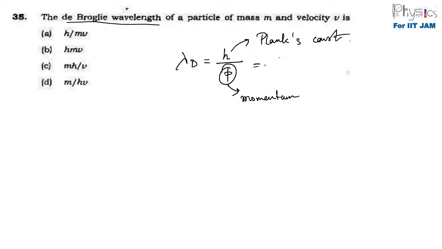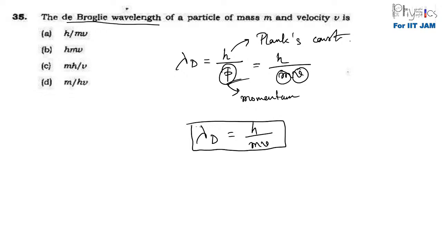This p is equal to m times v, that is mass times velocity. So our formula is lambda d equal h by mv. That is option A, right? H by mv. Okay, so let's go to the next question.